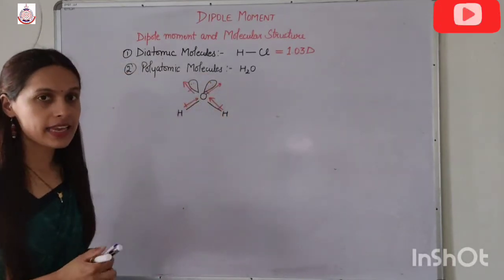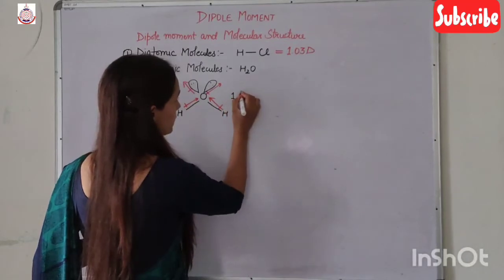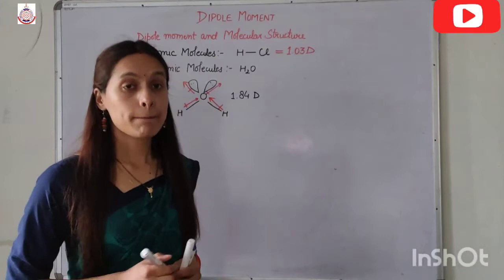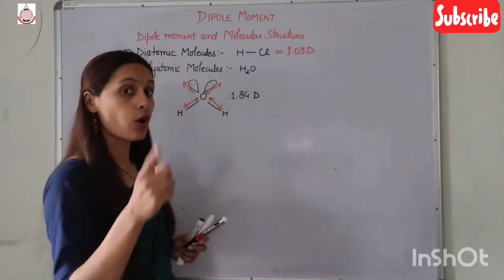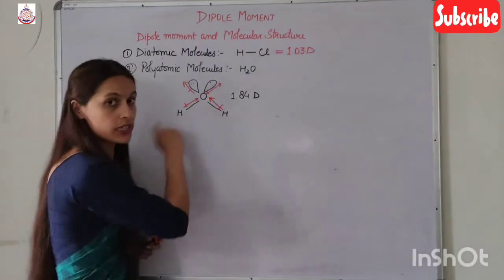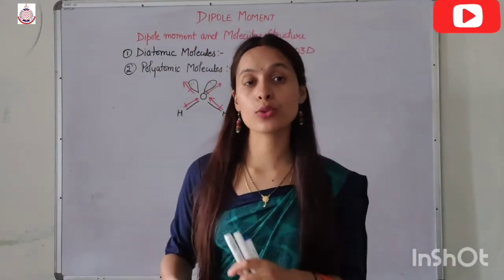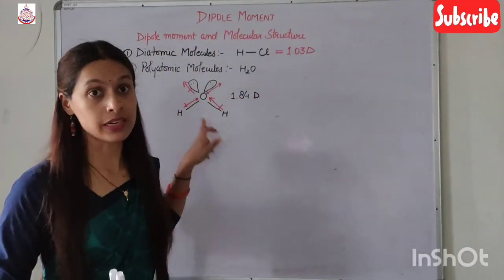Now, in this case, the dipole moment of the molecule is 1.84 D, but this dipole moment is not equal to the dipole moment of the individual OH bond. This dipole moment is equal to the resultant dipole moment of the two OH bonds.